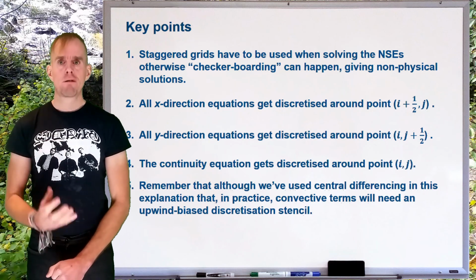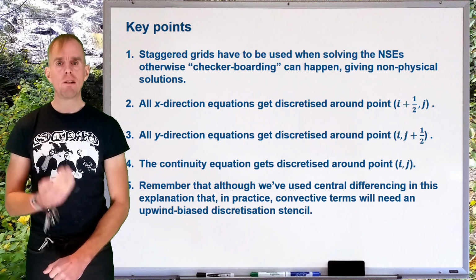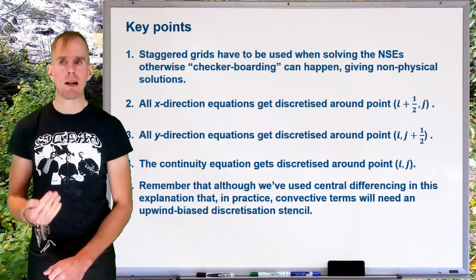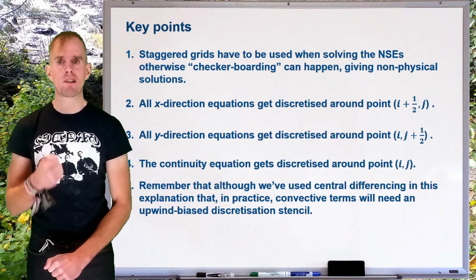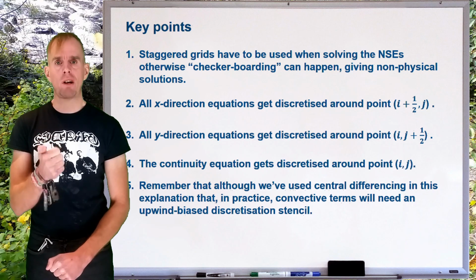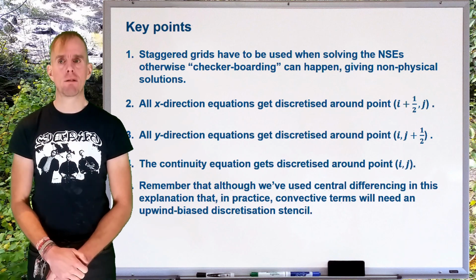We started by introducing a problem, and that problem was that you can end up with a nonsensical flow field that is mathematically correct if you evaluate your x and y direction Navier Stokes equations and continuity all at the same i, j node. And this motivated us to use staggered grids.